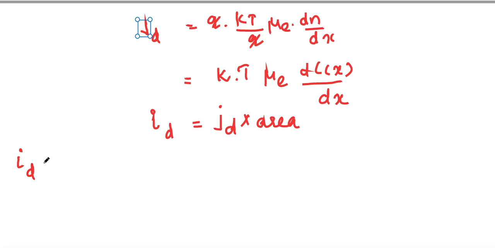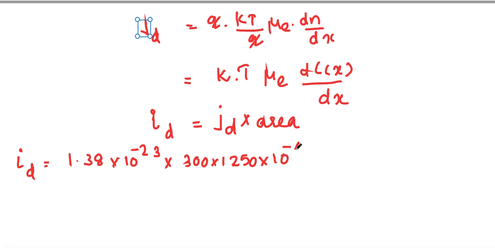So I_D is equal to 1.38 into 10 raised to minus 23 into T, which is 300, into mobility, which is 1250. That is given in centimeter square, so we write it as 10 raised to minus 4, therefore this becomes meter square.